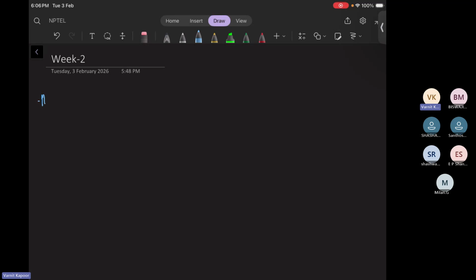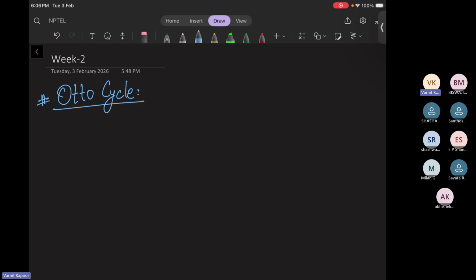And whatever I'm writing on the screen is also visible. If at any point you want to ask anything, you can stop me and ask. If my audio, video, or screen share goes off, please point it out immediately so that I can switch the network and fix the issue.